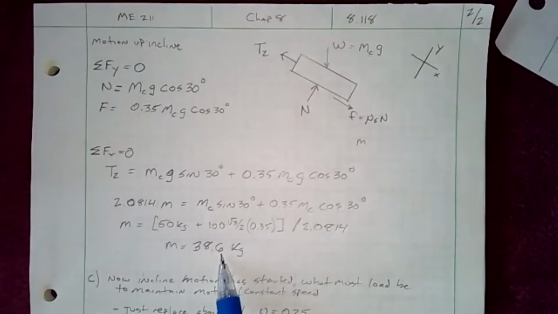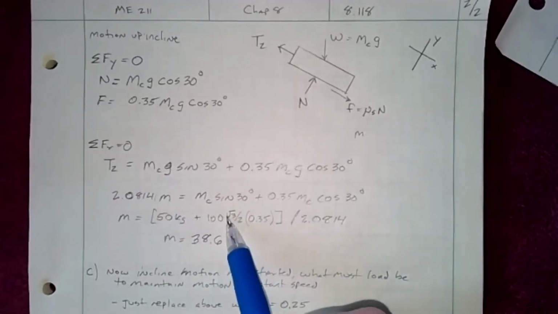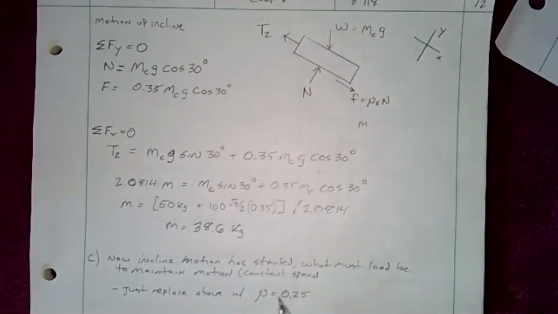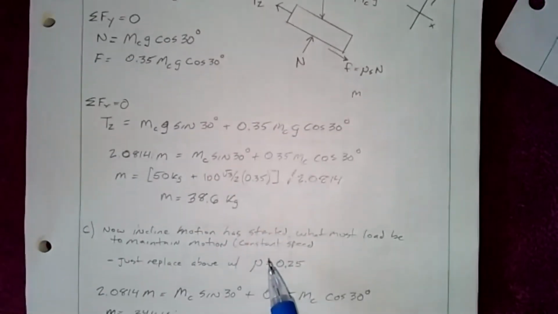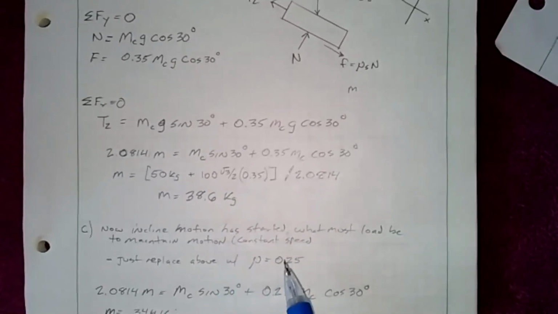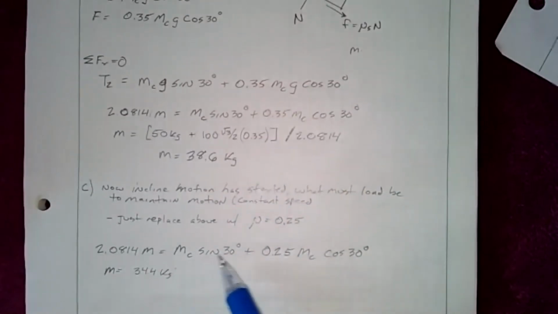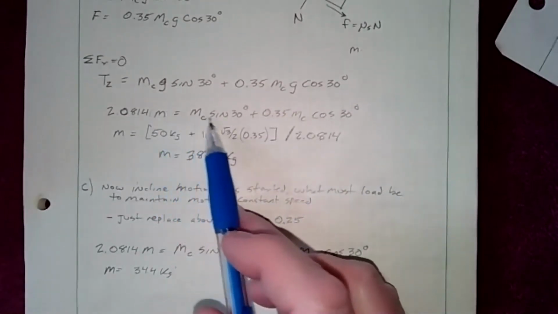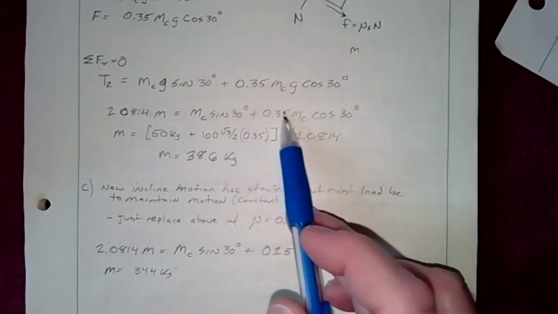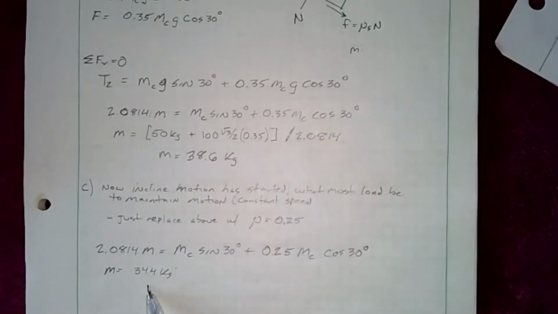moving. Now, the only difference between it starting to move and continuing to move has to do with the friction, right? Because the friction drops. So if we just replace 0.35 with 0.25 in the appropriate place up here, basically take this equation and plug in 0.25 here, then we end up with 34.4 kilograms.